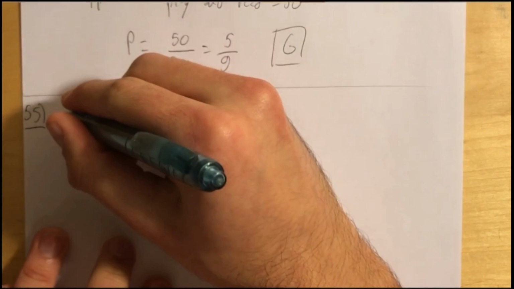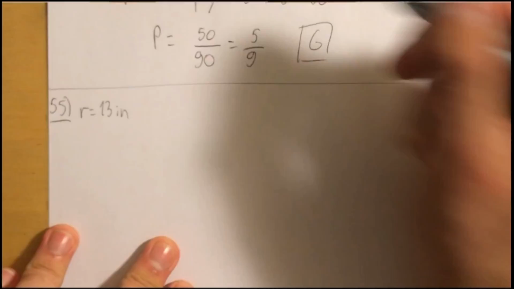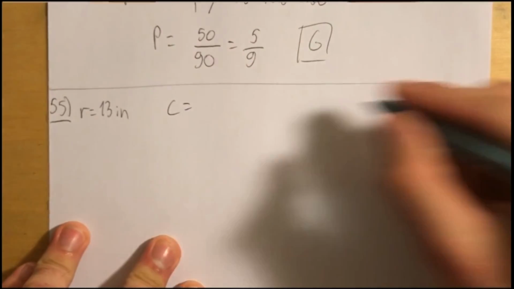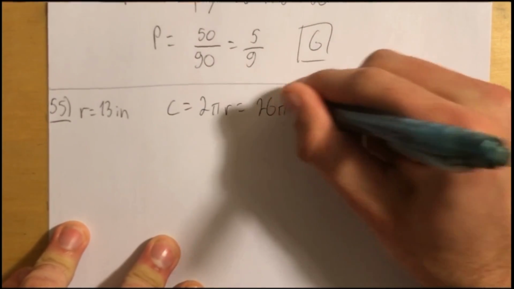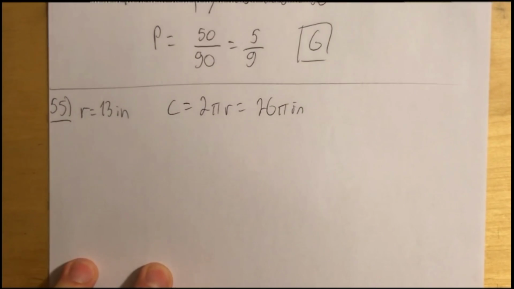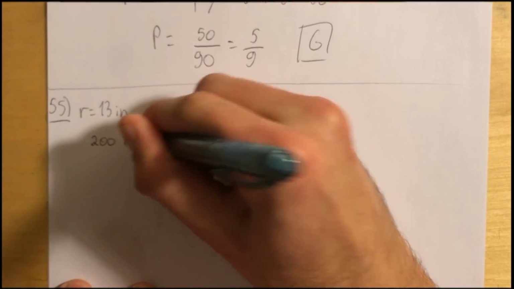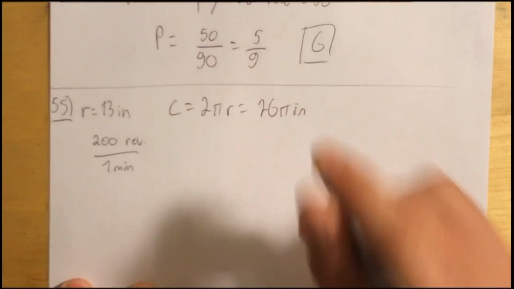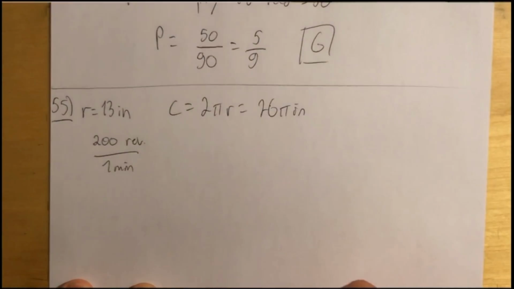Alright, so if the diameter is 26 inches, the radius is 13 inches. And the circumference of the wheel will be given by 2 pi r, which is 26 pi inches. He made 200 revolutions in 1 minute, and we know that 1 revolution is 26 pi inches.